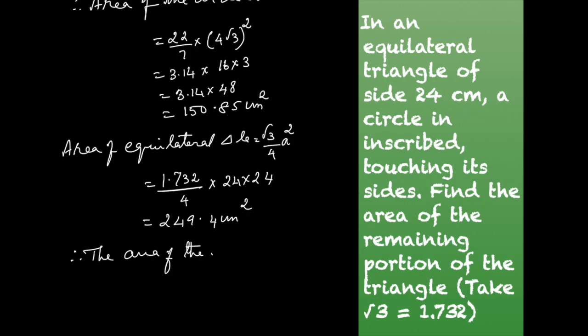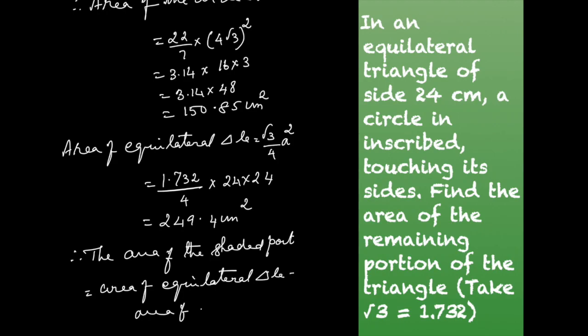So the area of the remaining portion is the area of the shaded portion. Sometimes they will shade and ask you to find out the shaded portion. It is the area of the equilateral triangle minus the area of the circle.